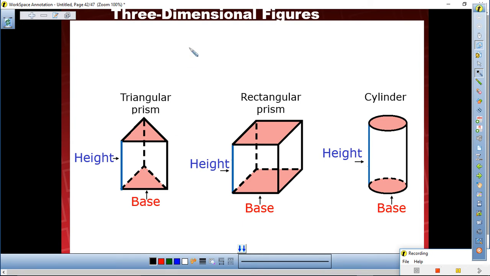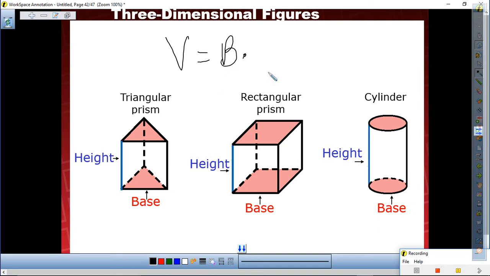Therefore, in order to get the volume of the entire figure, capital B is the area of the base times the height. So what is the area of the base? Area equals base times height divided by 2. That's how we find the area of the triangle. That goes here. From there, they give you a value for the length or the height, and that goes here.